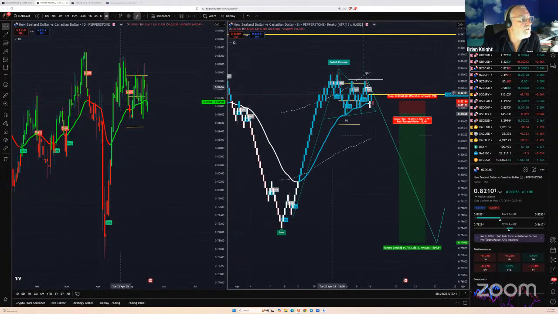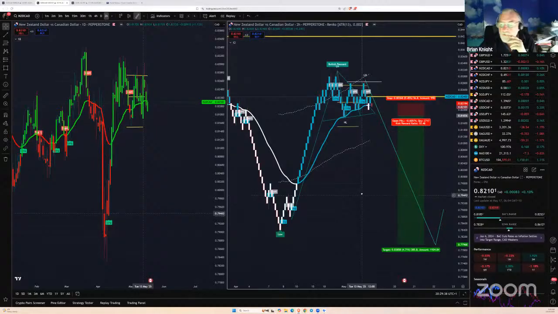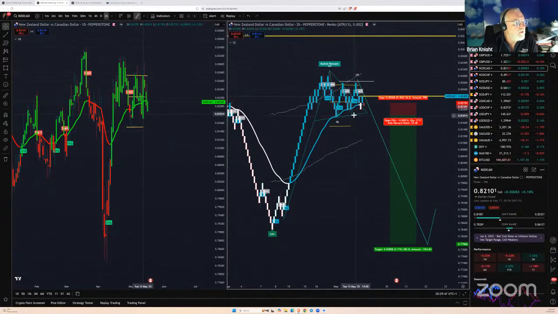It's gone sideways for the last whatever, since sort of 18th of April. So it's nearly a month. No, it is a month. And now it's talking, potentially drop back out. But there's this line just there.